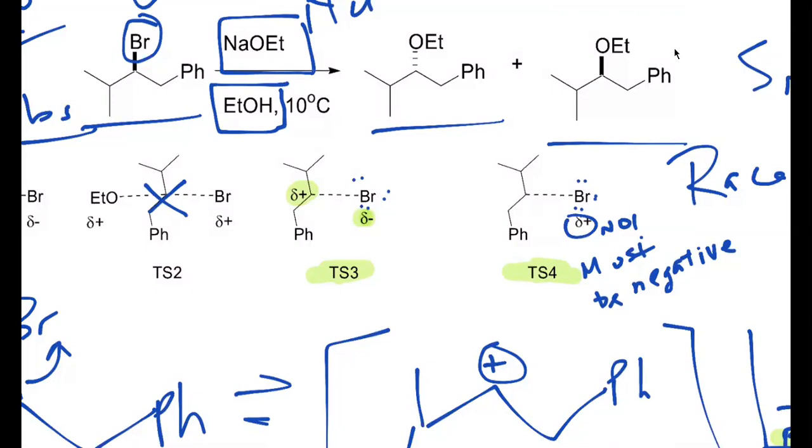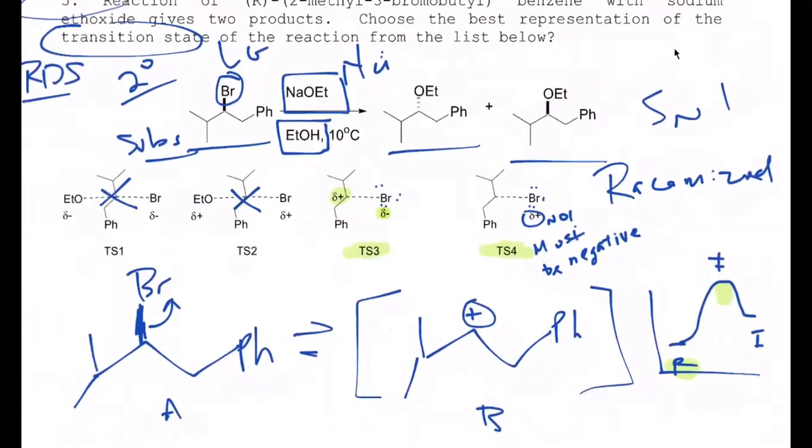You always want to think about the mechanism, how it's happening. We know what happens. We know how to do a substitution. We just pop off bromine and put the nucleophile on there. But we also have to think about how it's happening. All right. Any questions about this? About anything?